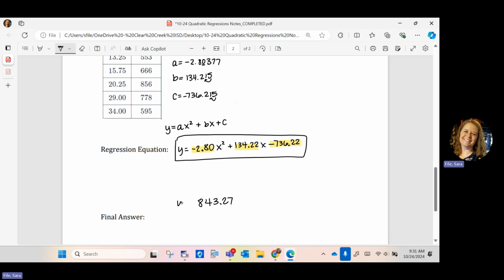Now, where did that come from? It came from plugging in 20.75 for the x in the equation, and plugging it in both spots.